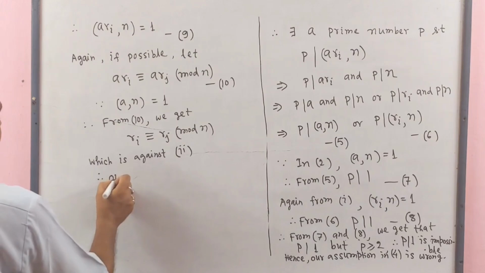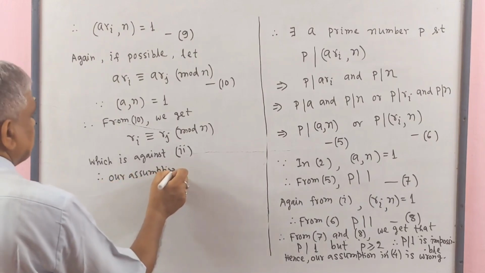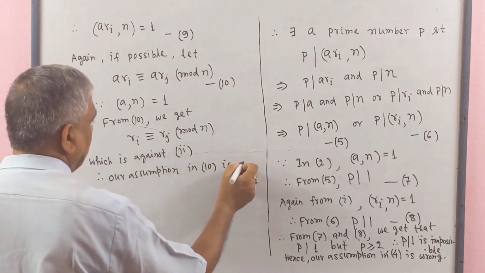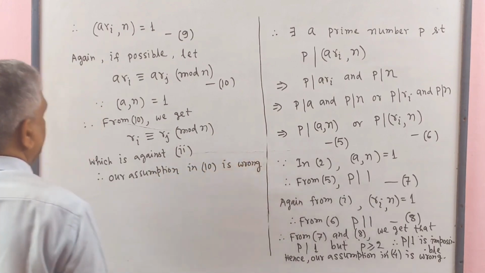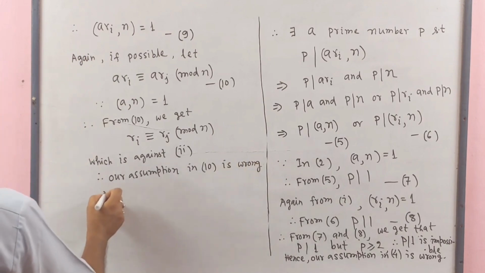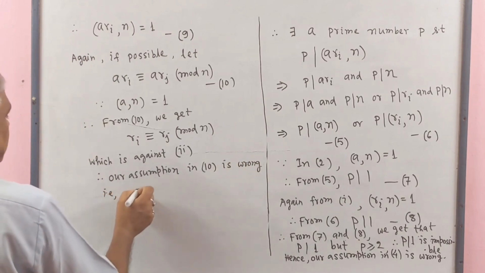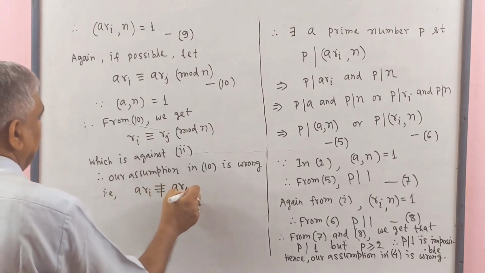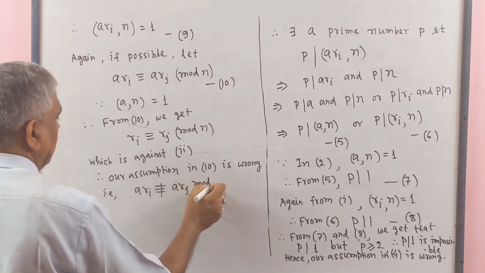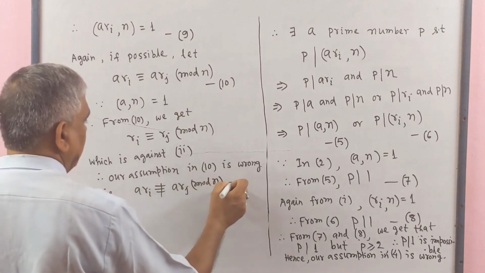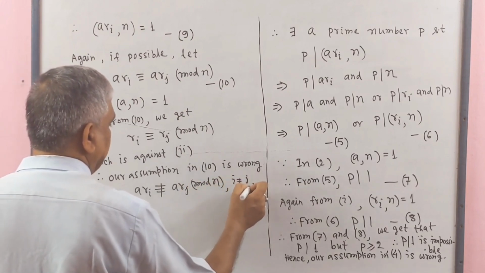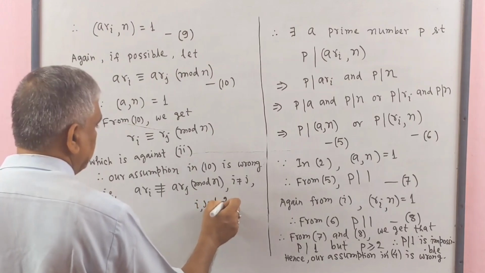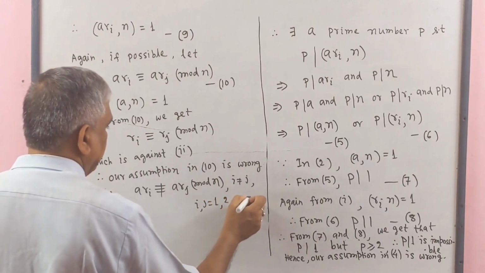Therefore, our assumption in 10 is wrong. That is, a r_i is not congruent to a r_j modulo n, i not equal to j and i, j equal to 1, 2, ..., phi n.